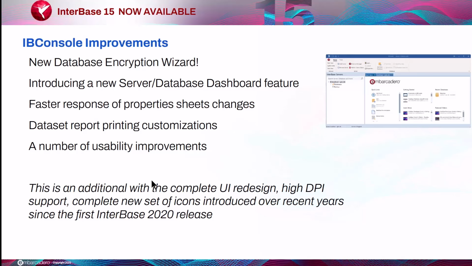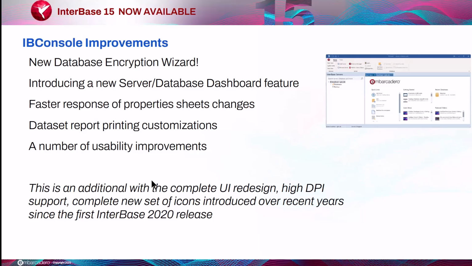On top of these continuous updates we've done over the last few years, we are introducing specific new features with the InterBase 15 release, starting with a new database encryption wizard that helps you define the encryption for your database, which is, again, one of the most important features, but it was slightly more difficult to configure than we would have liked. And now we're really making it much easier to set up encryption for your database.